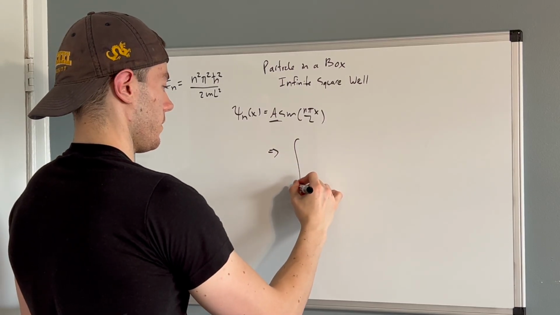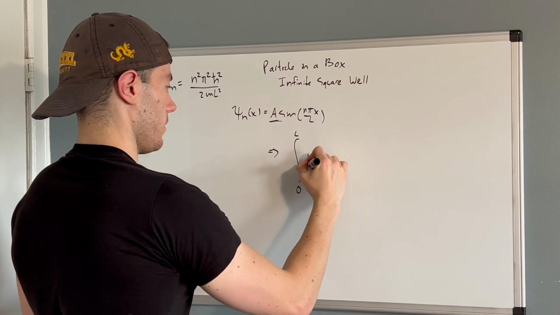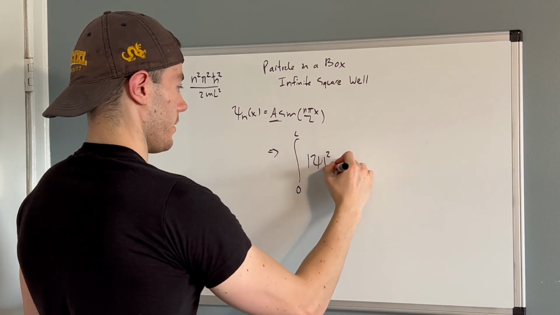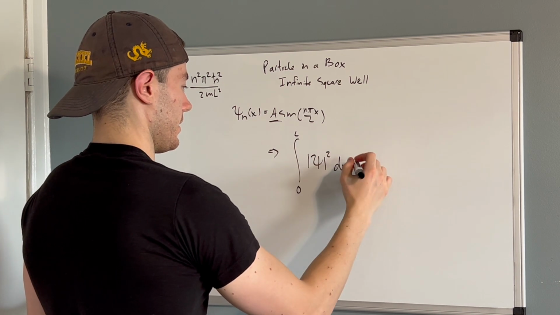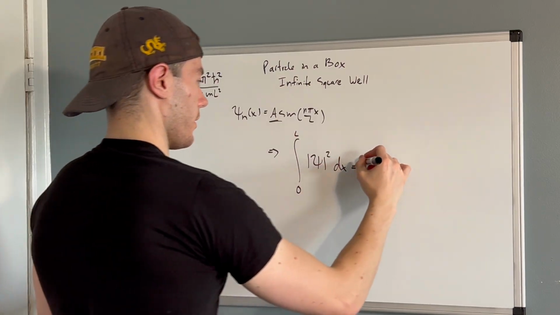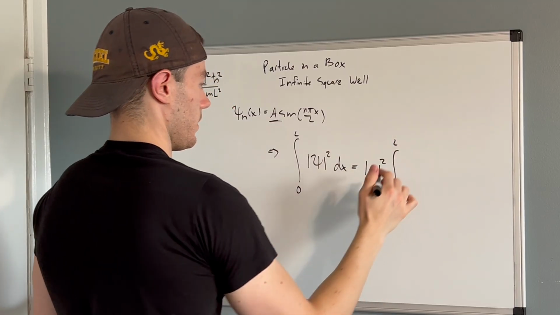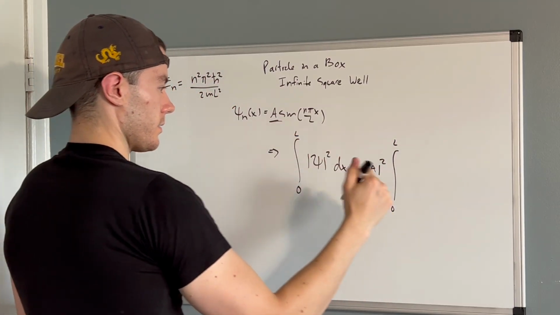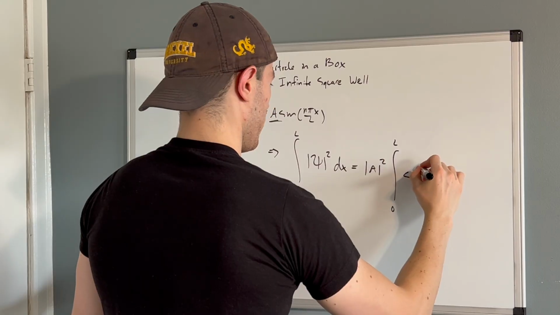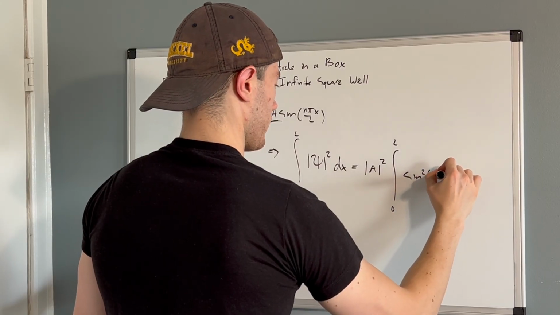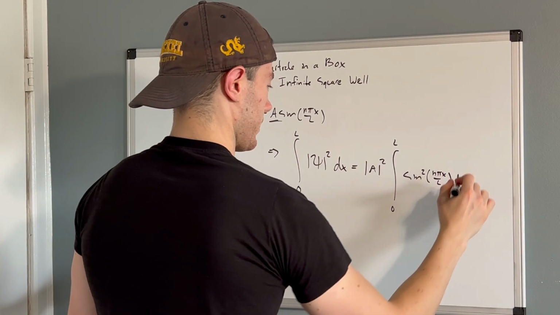So the integral from 0 to L of psi squared dx is equal to A squared, and I'm going to pull it out of the integral because it's a constant, times the integral of sine squared of n pi x over L dx.